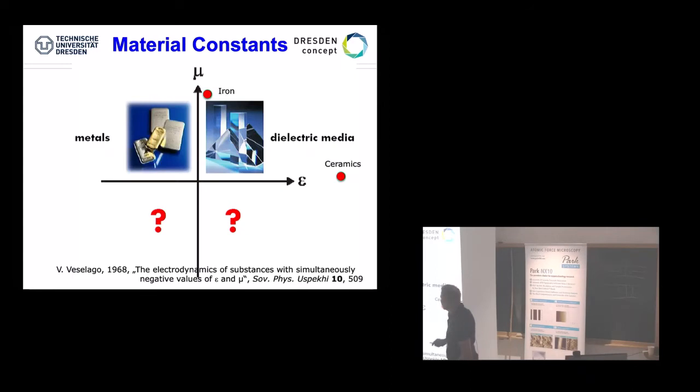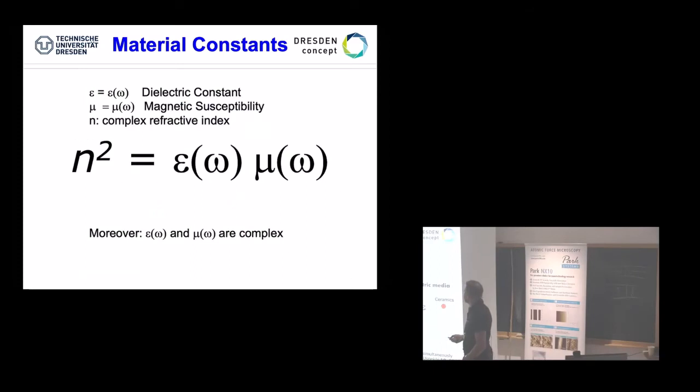Well, we will come to this and see metals like gold, like silver, or every material, even barium titanate, even any material can be driven into a negative epsilon regime. This is interesting. I want to prove this to you, that we can really get negative epsilon values at a specific frequency for all of these materials.